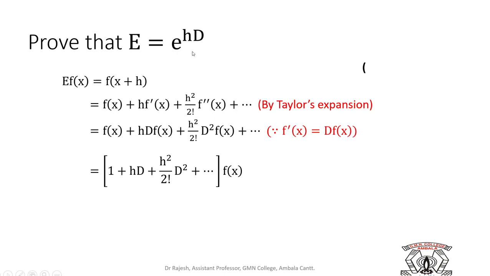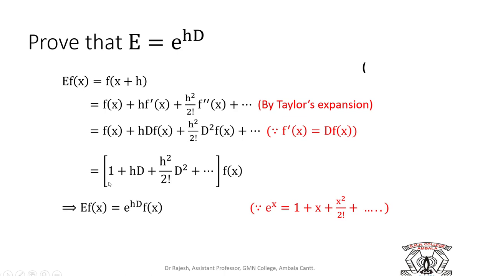So by definition of exponential, e raised to the power x, we get e raised to the power hD, because by definition of exponential, e raised to the power x is equal to 1 plus x square by 2 factorial, and so on.